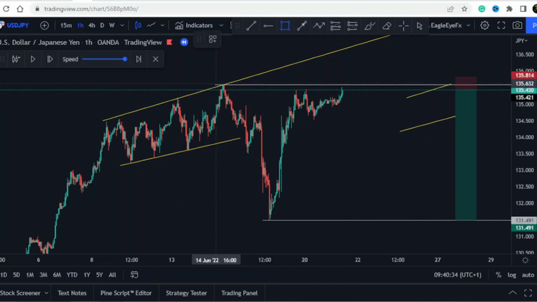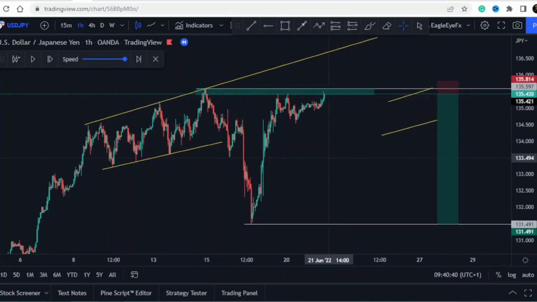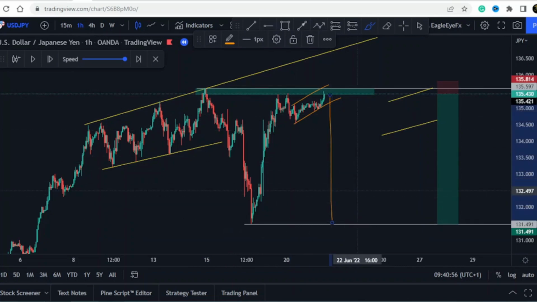Let's assume that you want to put this level as your zone, and put this level as your zone. Then you'd say, okay, this is 1 touch, 2 touches, 3 touches, 4 touches. Then maybe you draw this structure over here, and you are looking for sales over here.